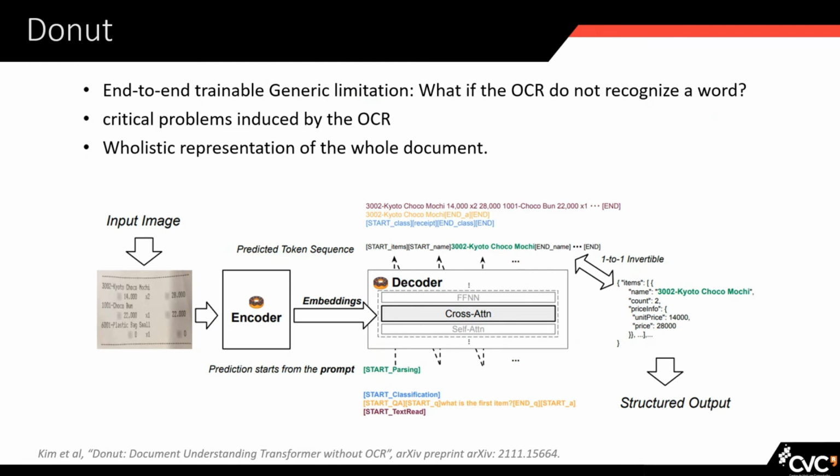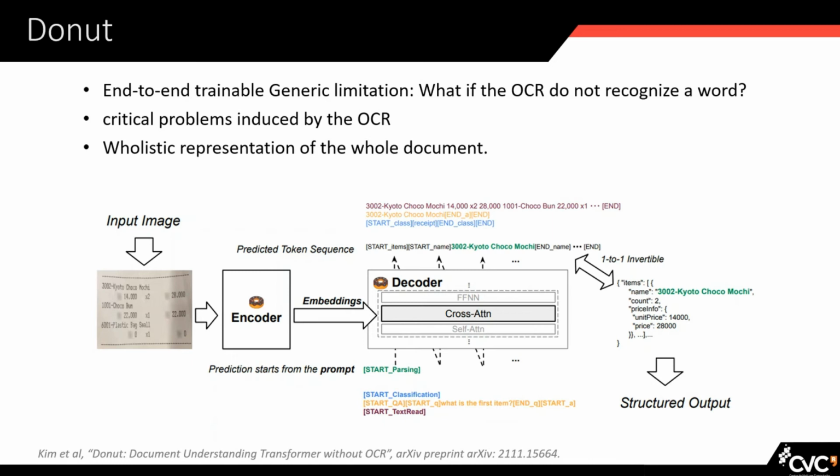Finally, the Donut method has a holistic representation of the whole document, because up to this point, all the methods were using a pre-trained OCR, which they were not backpropagating or fine-tuning.